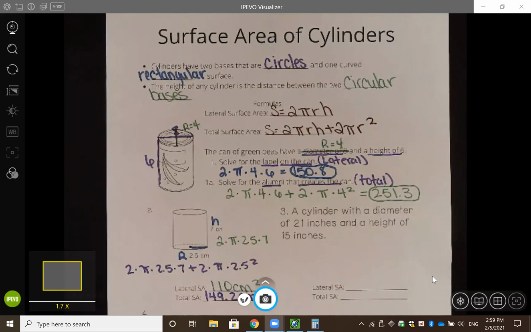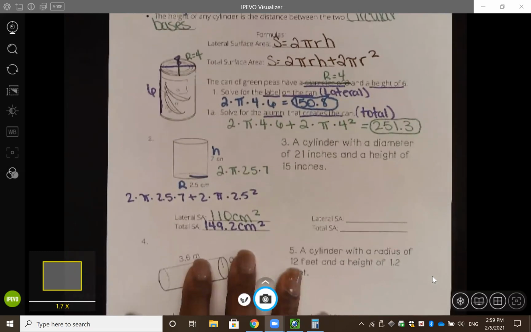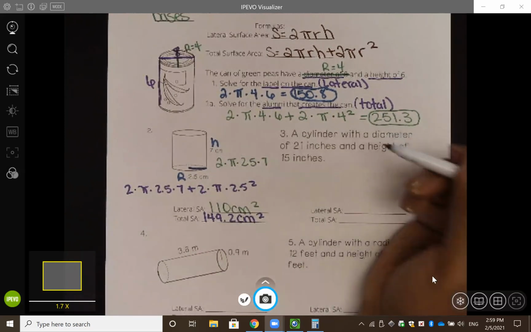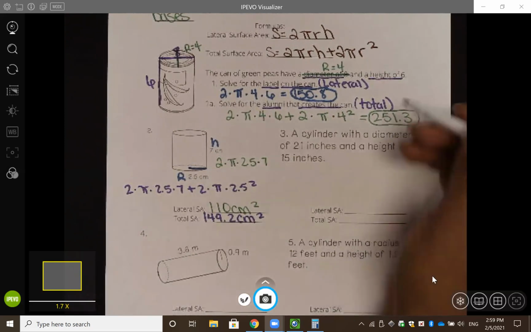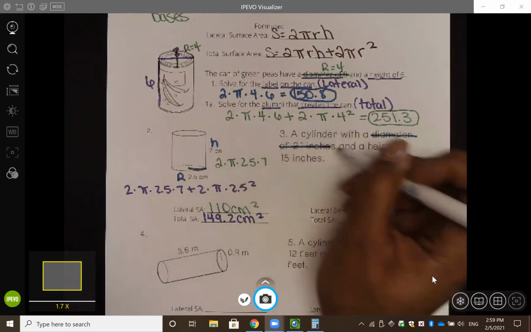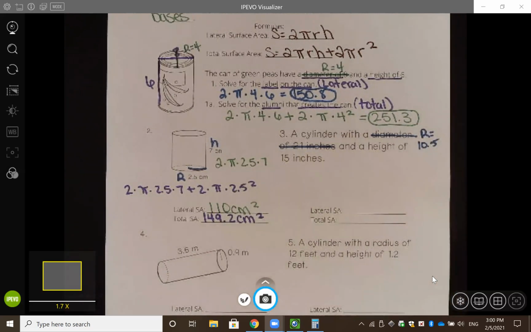Next problem says a cylinder with a diameter of 21 inches and a height of 15 inches. We're going to do lateral and total. So first thing, I noticed that I have the diameter and it's 21. I'm going to do 21 divided by 2, and I got 10.5. So diameter of 21 inches equals a radius of 10.5. First thing I always do.